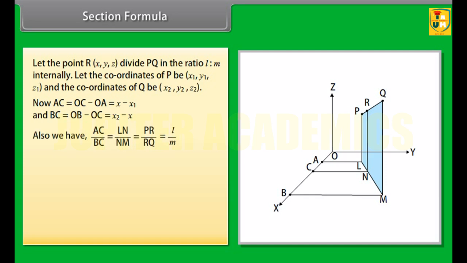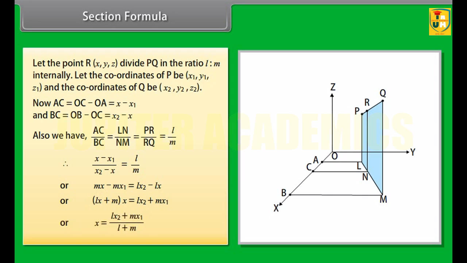Also, we have AC by BC is equal to LN by NM is equal to PR by RQ is equal to l by m. Therefore, (x minus x1) by (x2 minus x) is equal to l by m. On solving, we get x is equal to (lx2 plus mx1) divided by (l plus m).